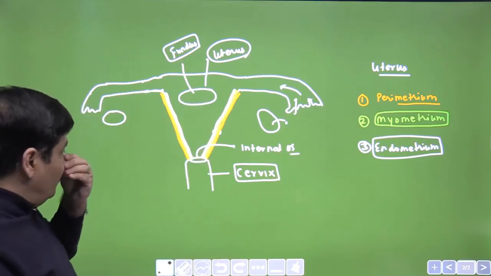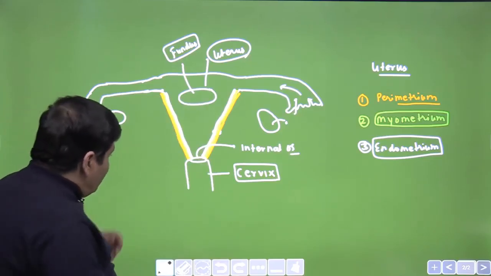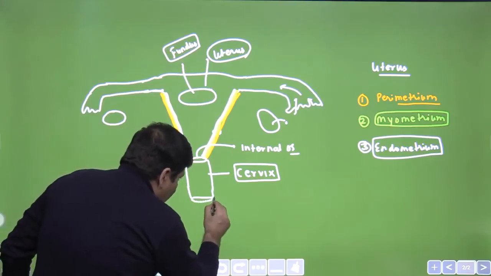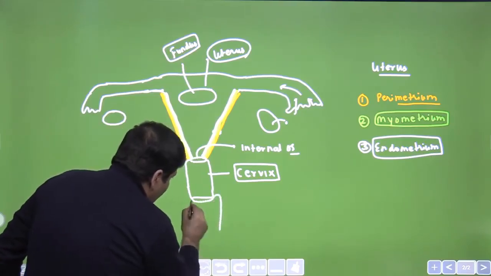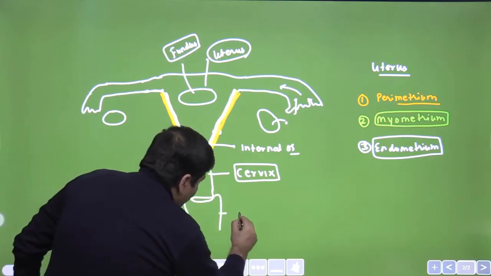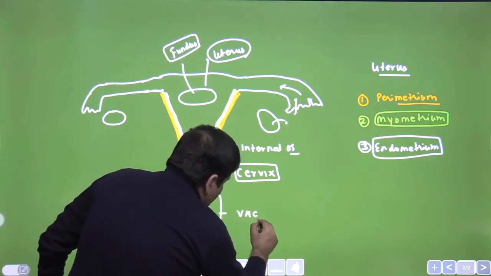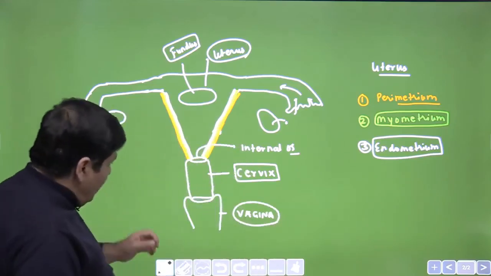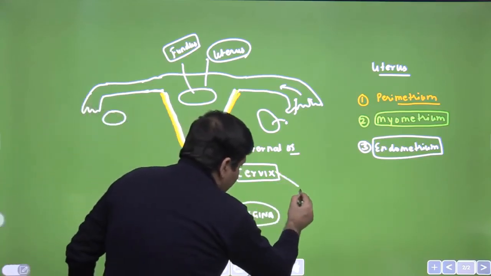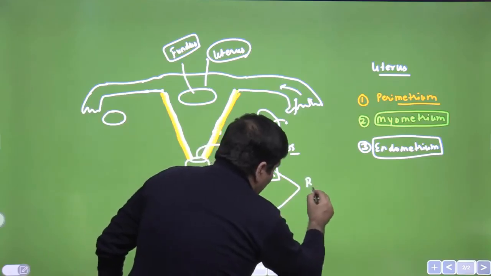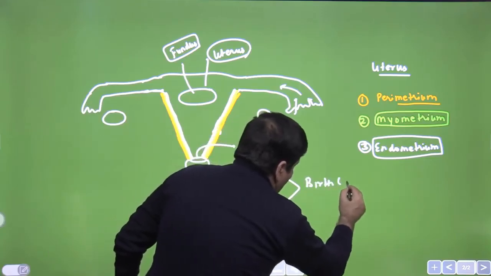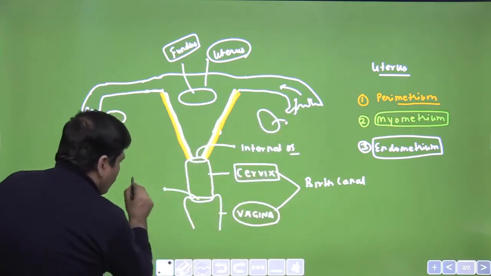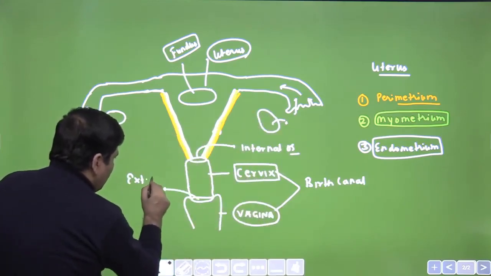It leads to the cervix, and then at the end of the cervix there would be another opening, and then it will open into the vagina. So these are the secondary sex organs in the female, and the cervix and the vagina form what is called the birth canal. And this opening is called the external os.